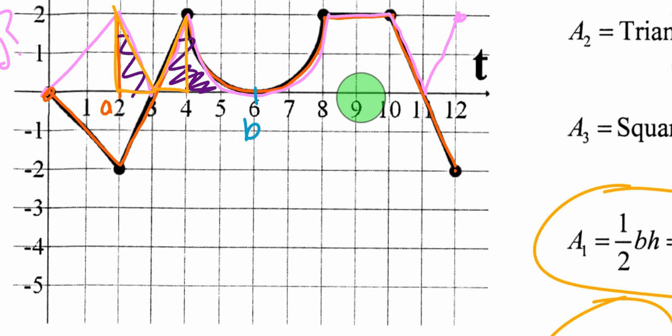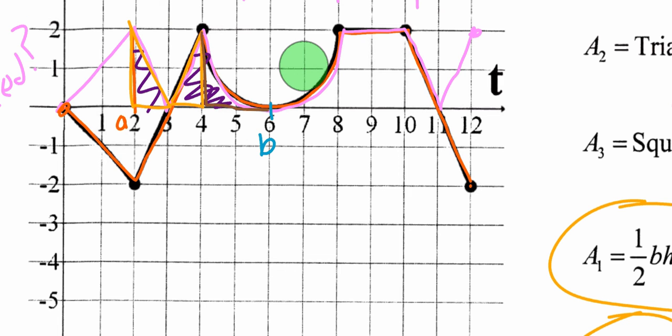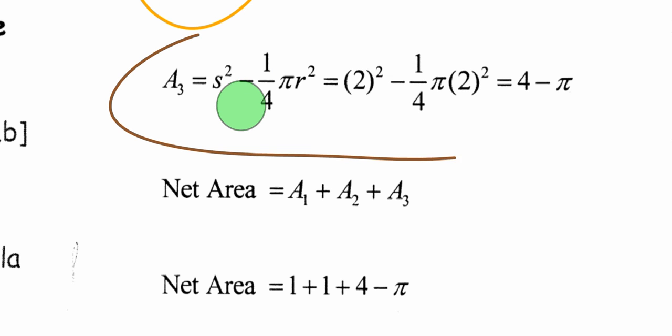The third area, the semicircle, we'll just make it brown. If you take the area of this square and subtract the area of this quarter circle, you get this brown area right here.